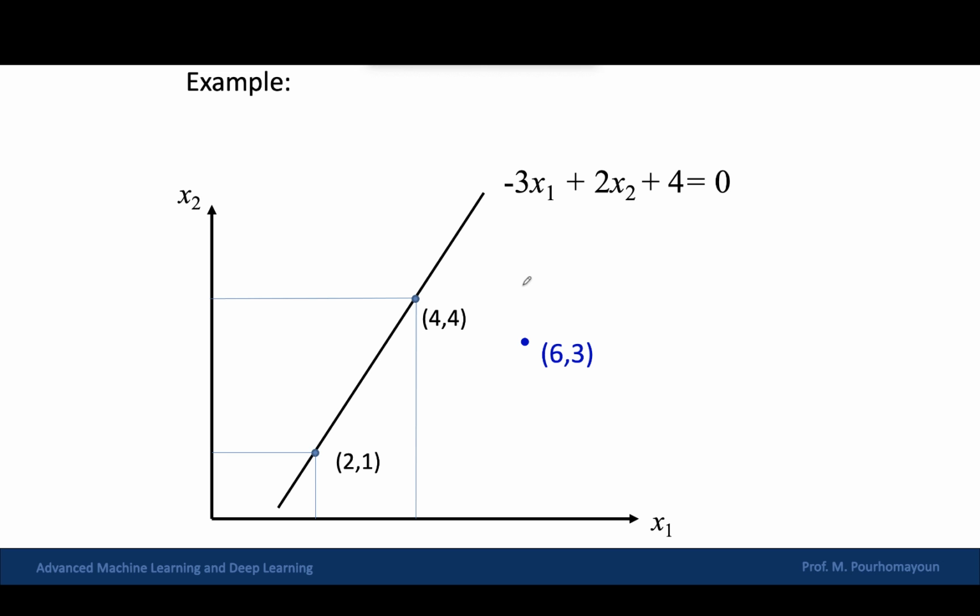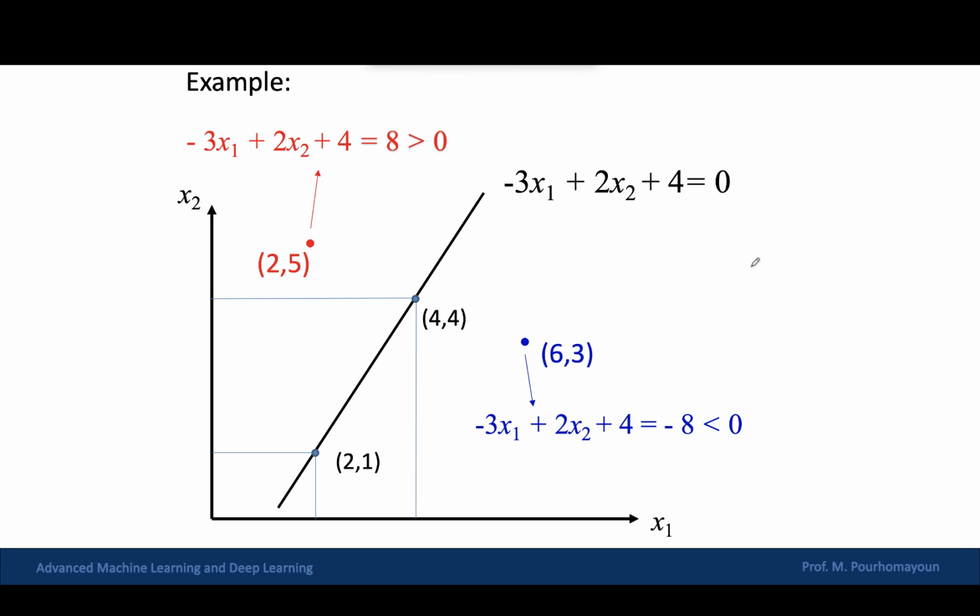If I put it here, it will be minus 3 times 6 plus 2 times 3 plus 4, which will be minus 8. So it makes it negative. Here you go. If I put a value on this side of the line, it will be 8, positive.